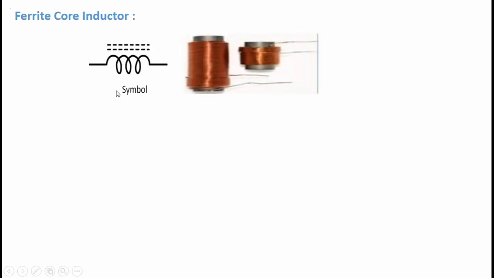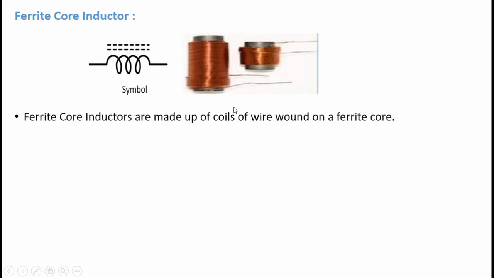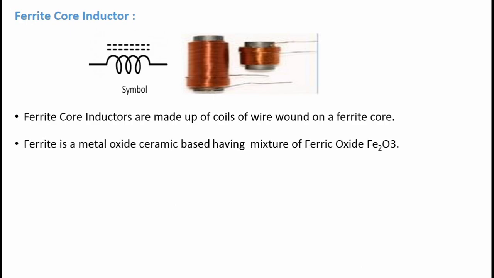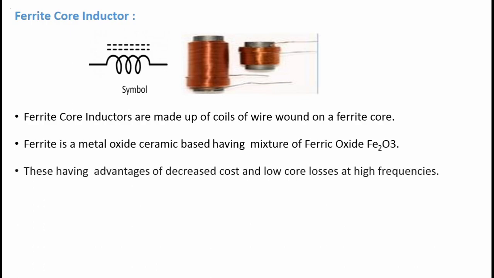Then the ferrite core inductor. This is the symbol of the ferrite core inductor and it looks like this. Ferrite core inductors are made up of coils of wire wound on a ferrite core. Ferrite is a metal oxide ceramic having a mixture of ferric oxide, that is Fe2O3.